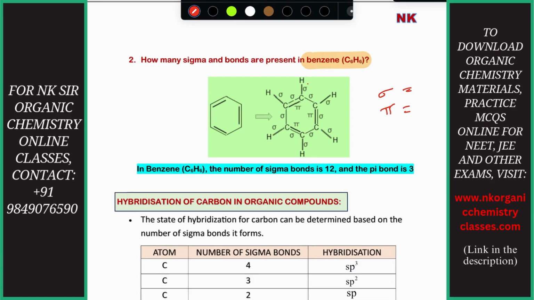So here you see: 1, 2, 3, 4, 5, 6, 7, 8, 9, 10, 11, 12. 12 sigma bonds are there. Then you can see 3 pi bonds, 1, 2 and 3. So in this way 3 pi bonds are there. I think you might have understood the calculation of the number of sigma and pi bonds.